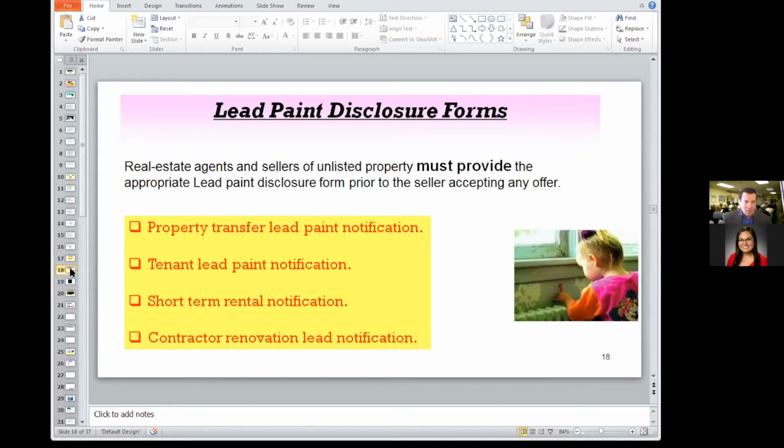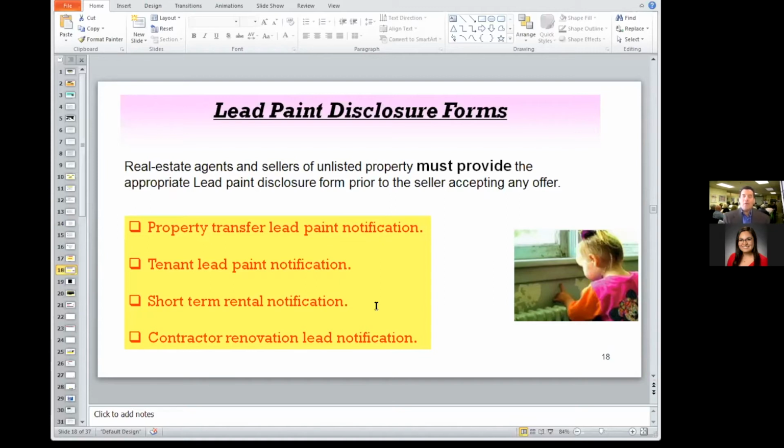If you're in the rental world, you can never, ever let a tenant move in before the lease is signed with a tenant on a property built before 1978, you must give a tenant form. Short-term vacation rental, Salisbury Beach. If the tenant's moving into a beach house or something like that, and it's 31 days or less, and it can never be more than 31 days within a year, so they can't come back 2 months later.